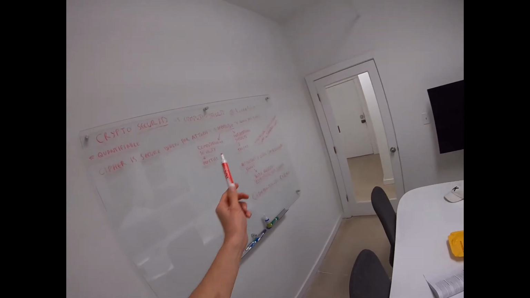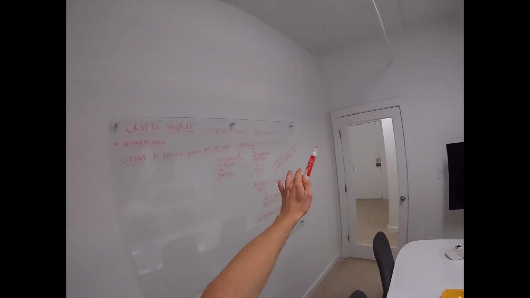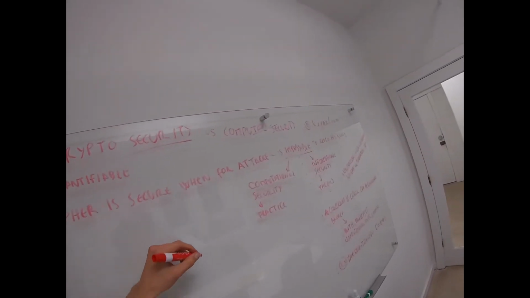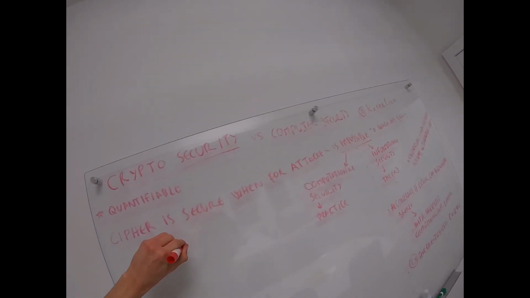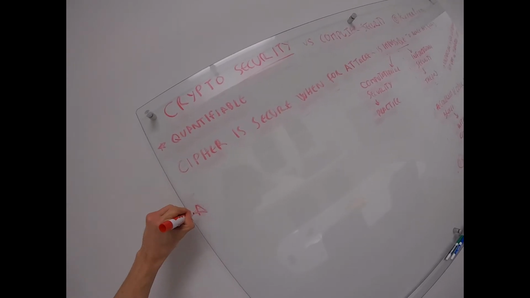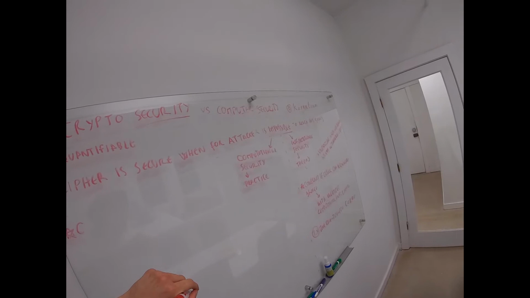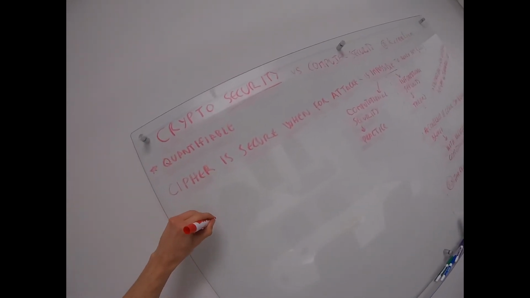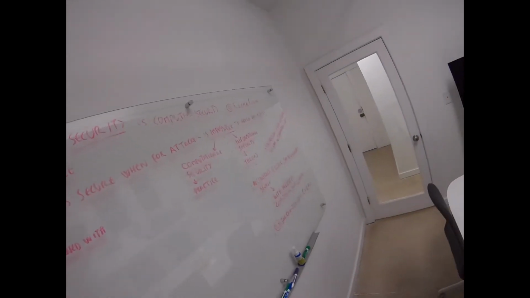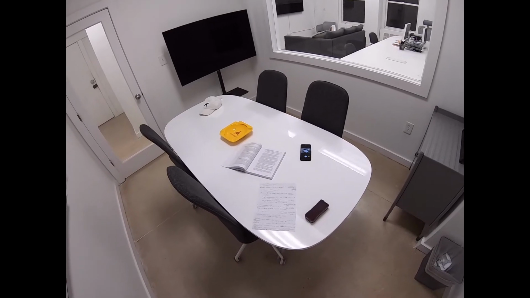So if information security is concerned with whether the cipher can be broken at all, I would write this definition as, let me see, computational security is concerned with how did I write it in the notes?